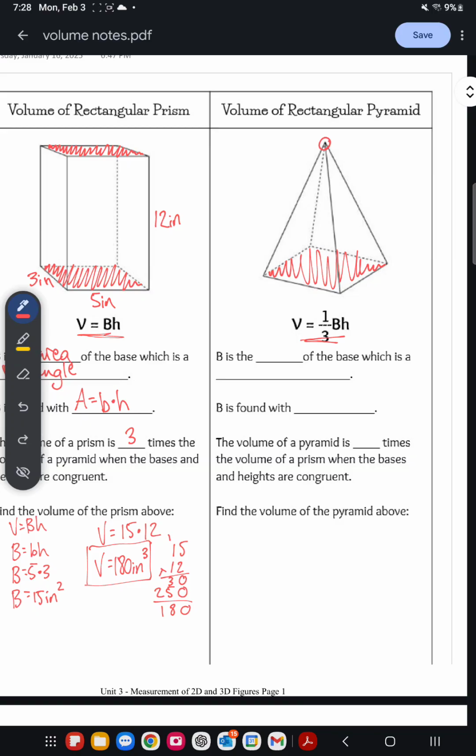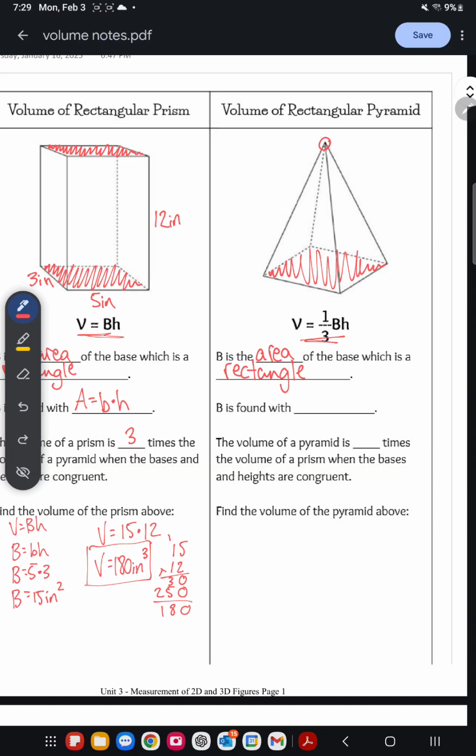So again, we look at our formula to find volume. We have 1/3 times capital B times H. Capital B is area of the base. And again, that is very important to understand. Capital B, area of the base, which in this particular example is a rectangle.